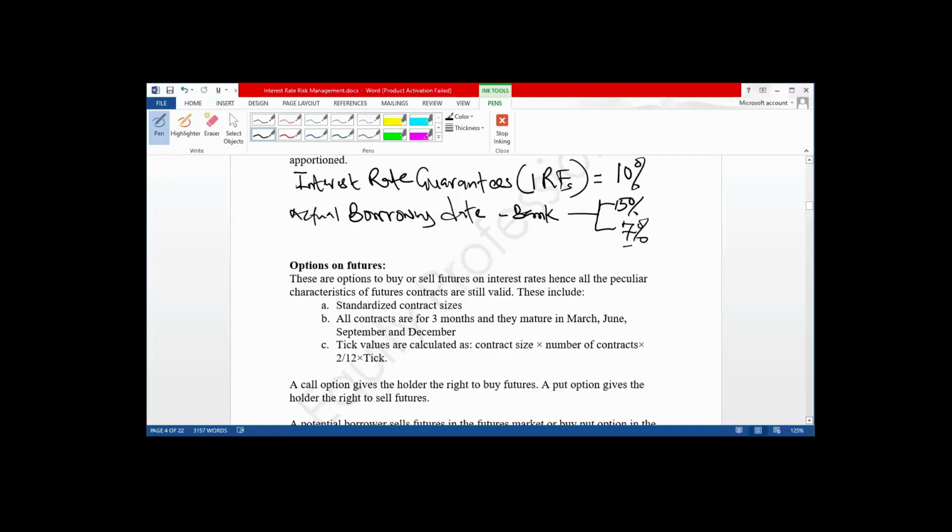Options on futures. These are options to buy or sell futures on interest rates. You are taking an option to buy futures on interest rates, or to sell futures on interest rates.